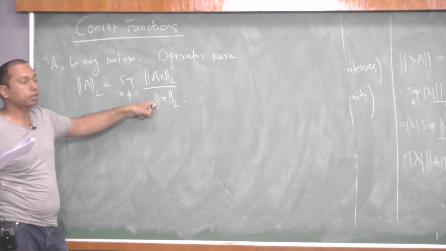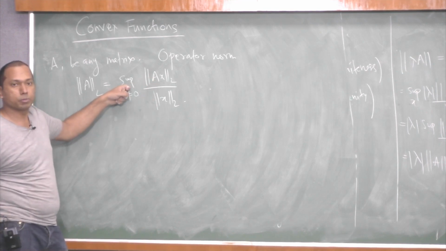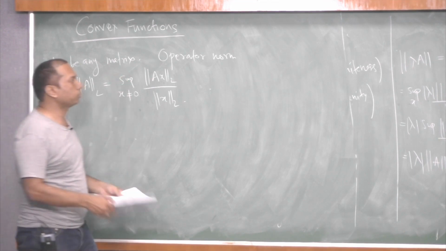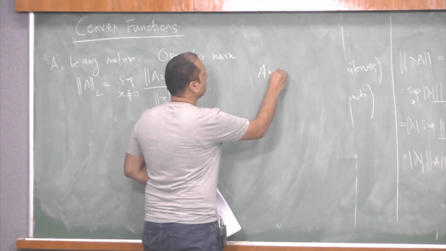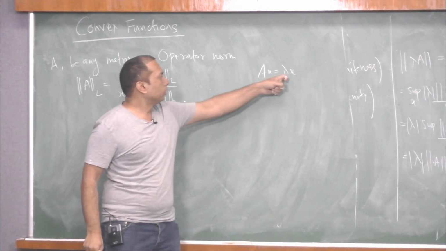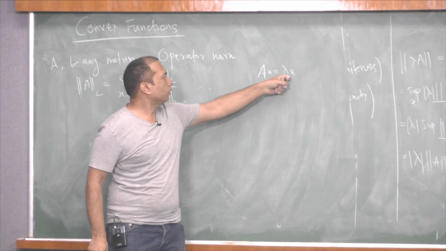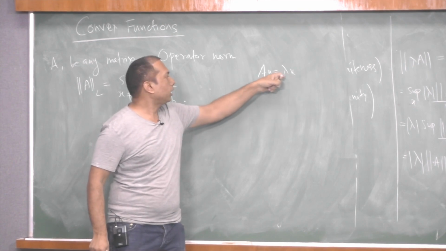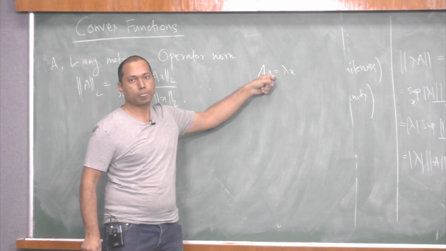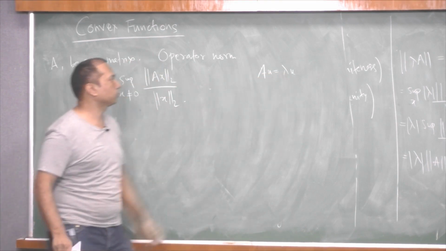Okay, the largest eigenvector, because we are looking for supremum. A times some vector u is lambda u, u being an eigenvector. I know that for largest lambda, for the corresponding u, I can stretch the maximum. That is the maximum I can stretch relative to u.